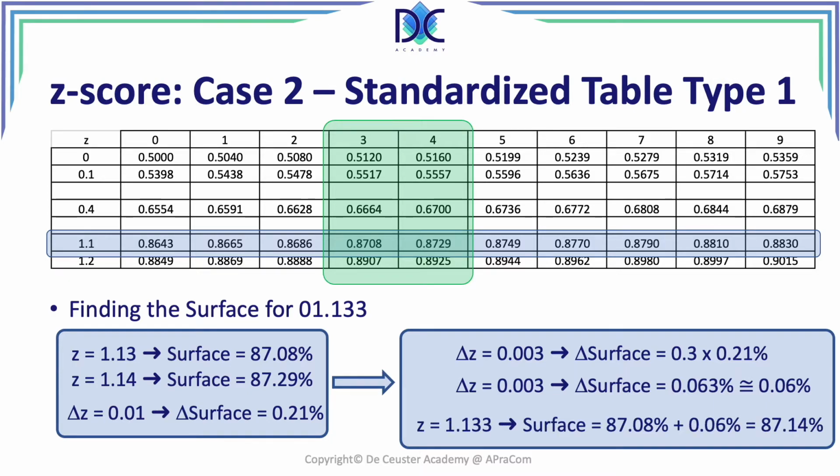So basically what I find for the Z value of 1.133, we find the surface which is equal to the surface corresponding with Z equal to 1.13, which is 87.08%, plus the 0.003 additional Z value, which corresponds with 0.06%, and when we add those two, we find a total surface of 87.14%.